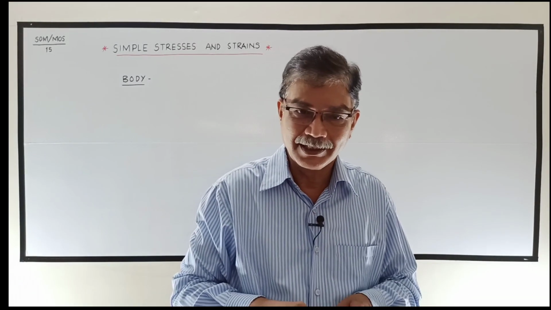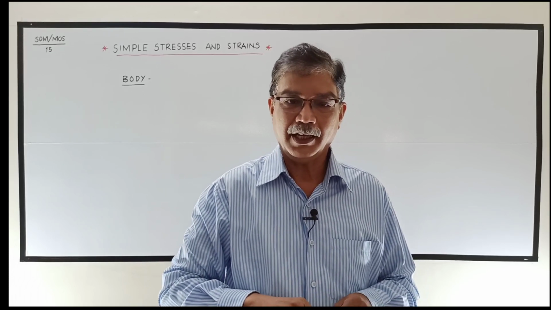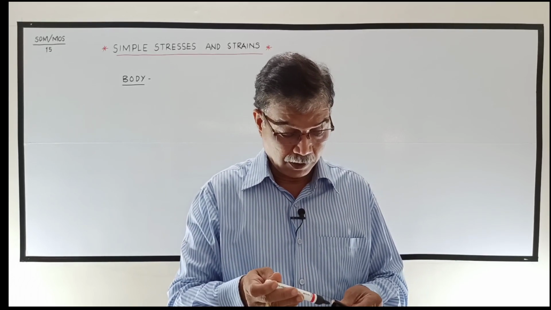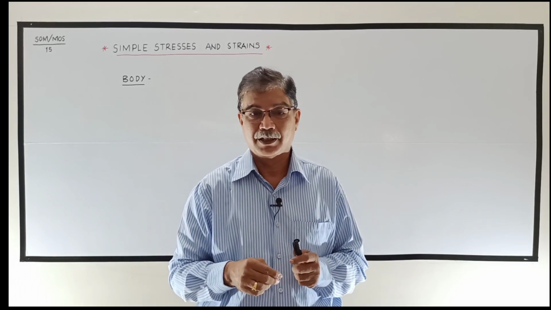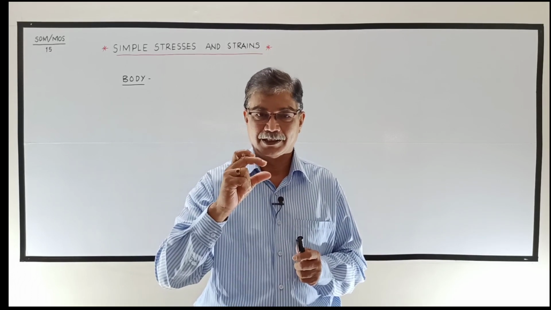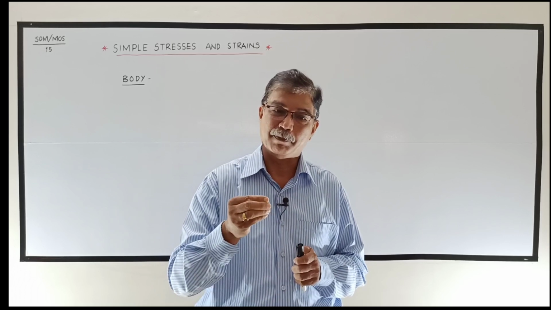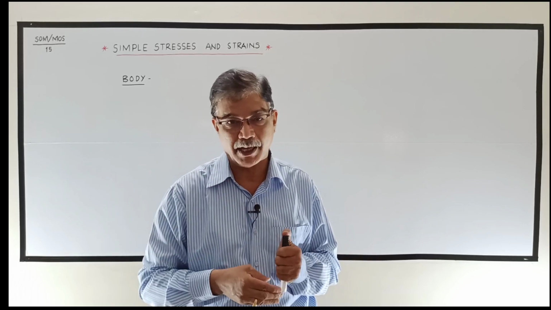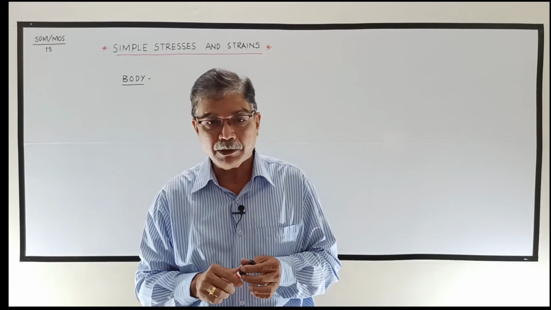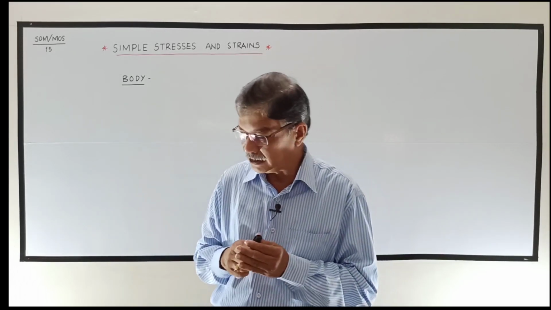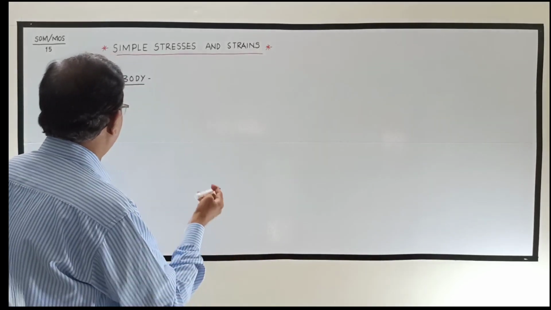Here it is expected that any particular machine component is a particular body, or any part of the structure is a body. So what is a body? Body is a matter which is limited in all the directions.